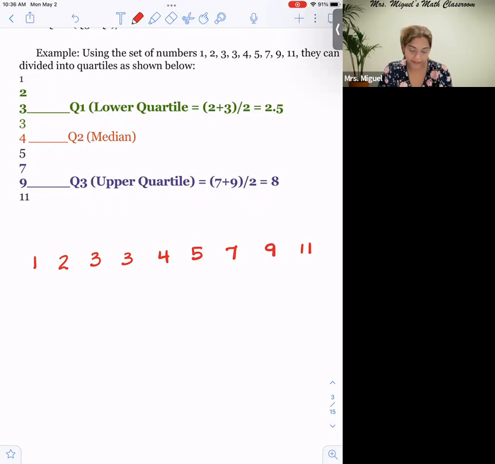Write the numbers in a straight line, like how I have it here. Are we ready?